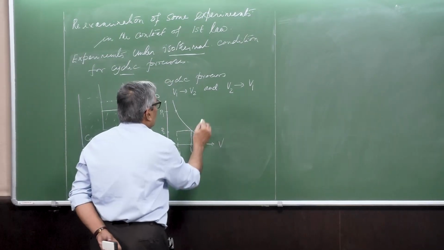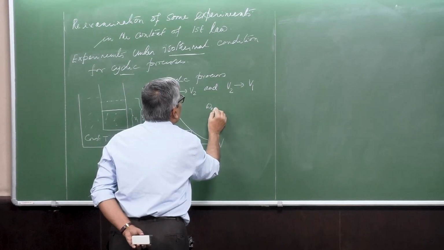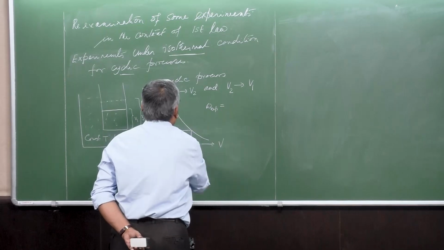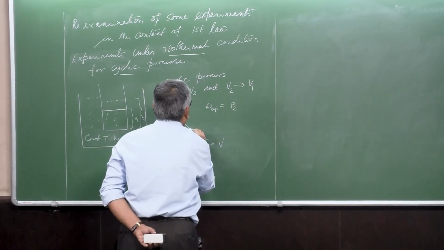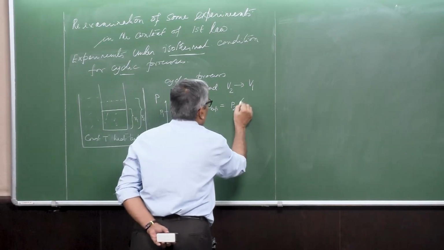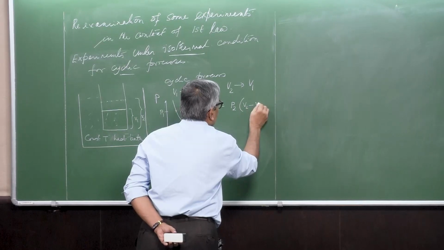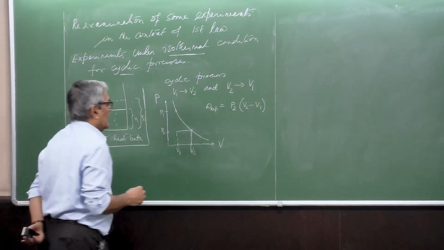So the work of expansion is related to P2 times, this is my P2, as it goes from V1 to V2. So P2 times V2 minus V1 is the work of expansion.